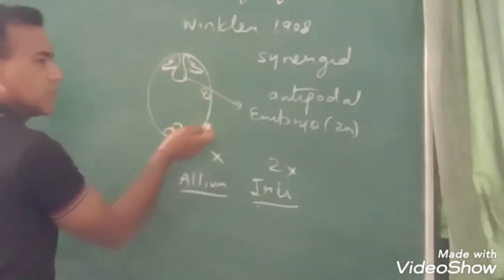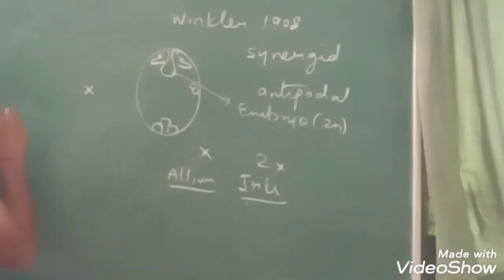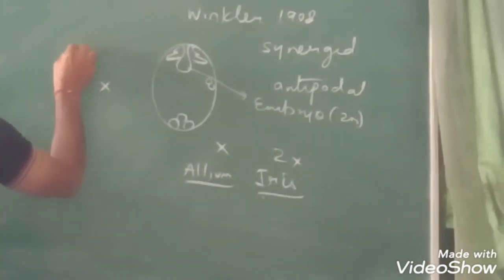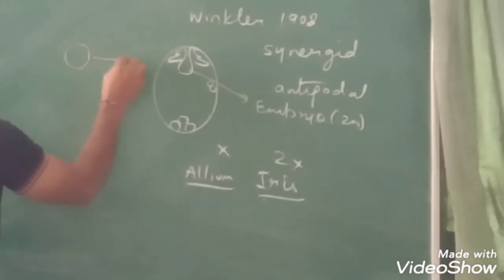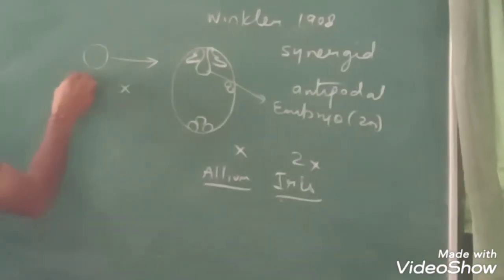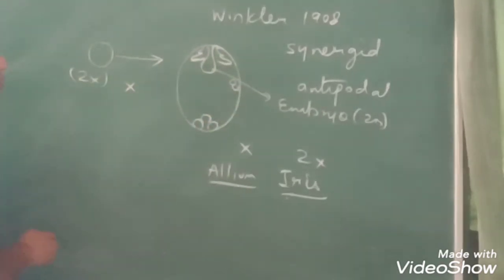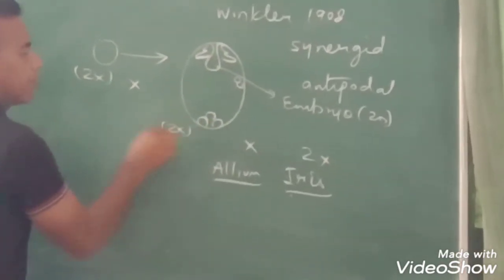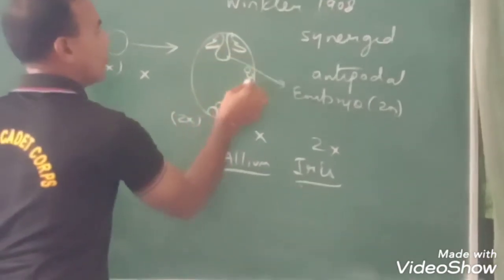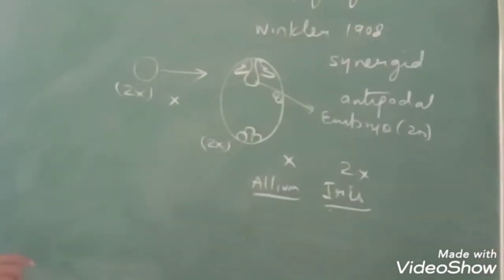Normally, all the cells in the embryo sac are X in nature, but sometimes the initial cell fails to divide by meiosis, due to which all the cells produced inside the embryo sac remain diploid in nature. Thereby, each and every cell of the embryo sac exhibits diploid nature.